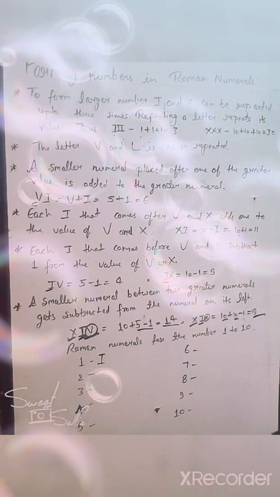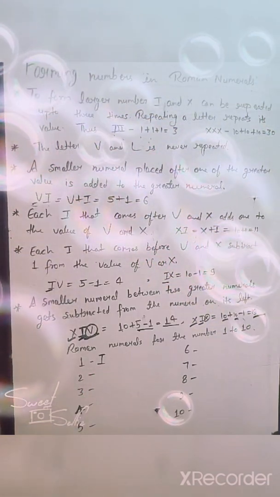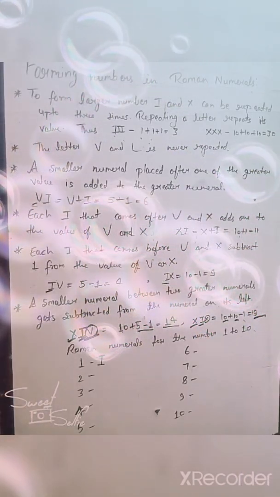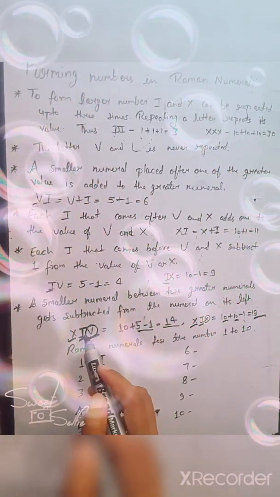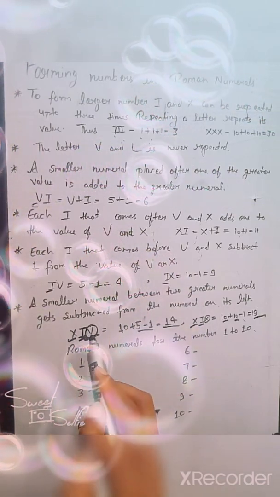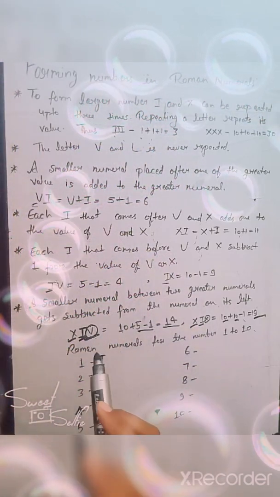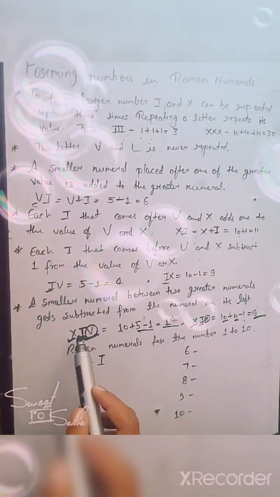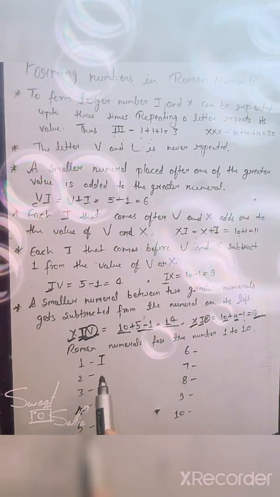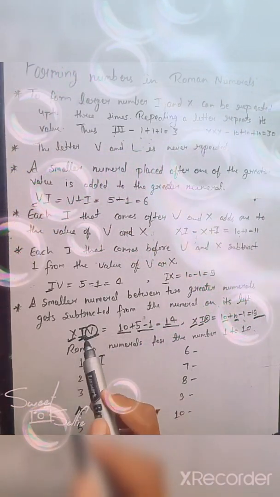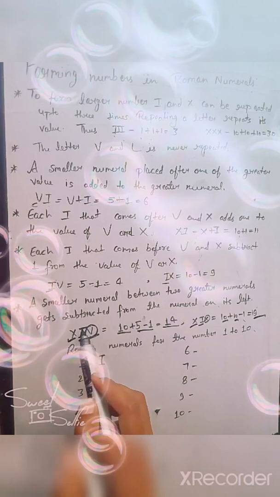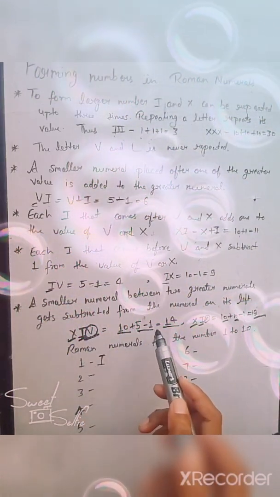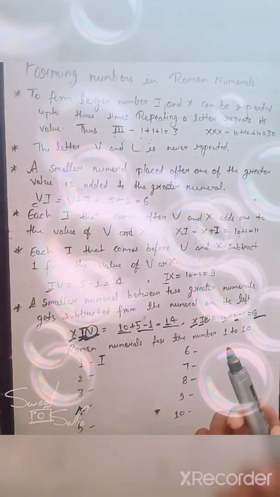Okay. So here we will subtract I from V. Means we will subtract I value 1 from V value 5. So 1 from 5. Okay. So the value of X is 10 and now we have to subtract I, means 1, from 5. So 10 plus 5 minus 1 is equal to 10 plus 4 is equal to 14.